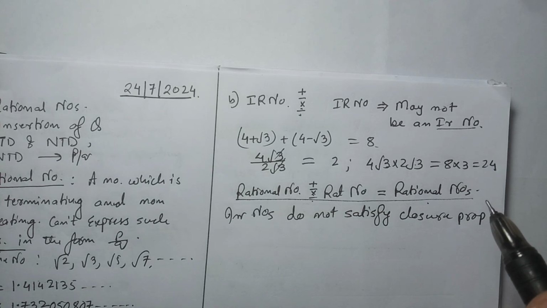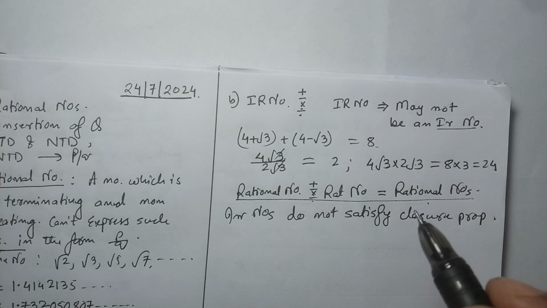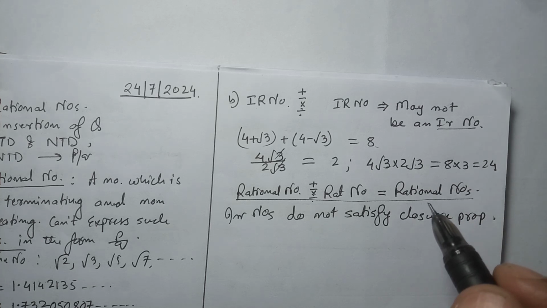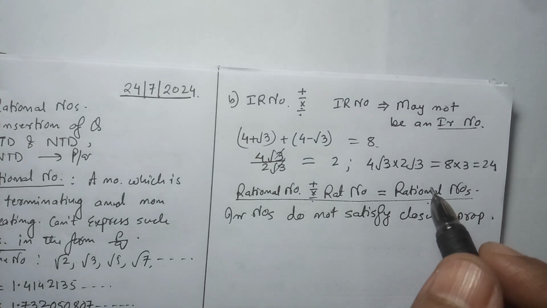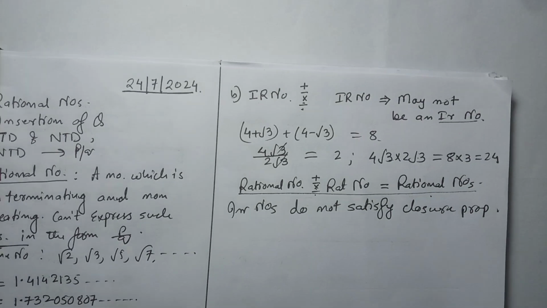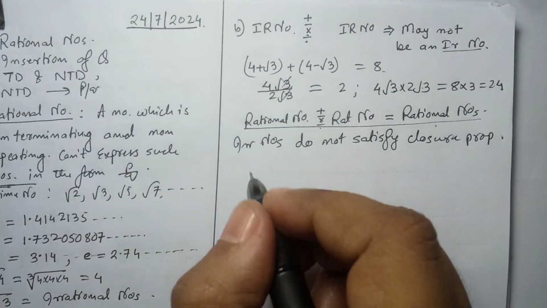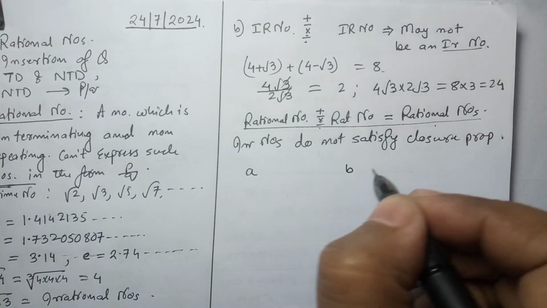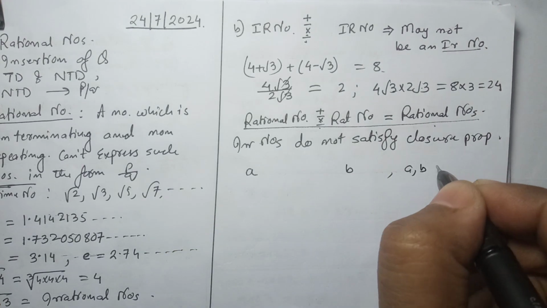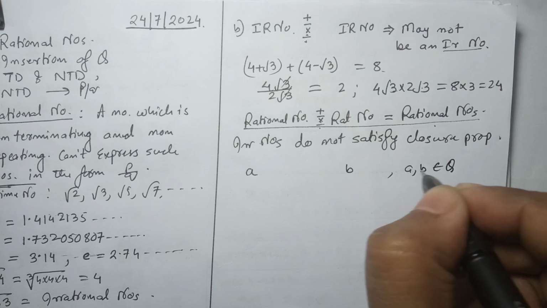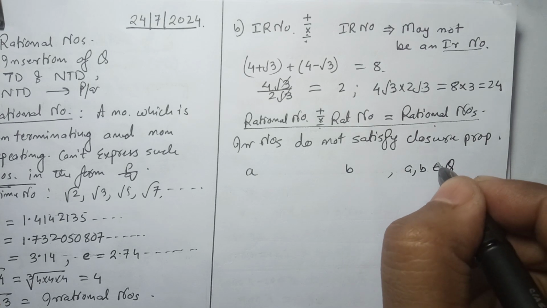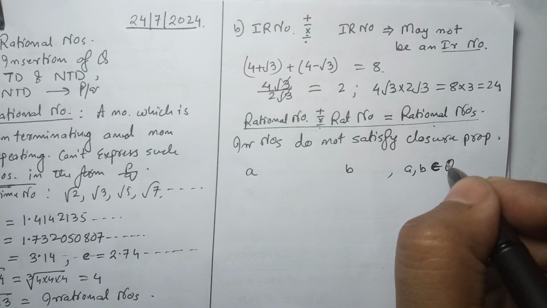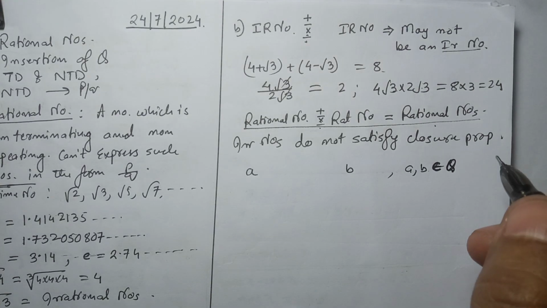Okay, fine. Now we have done the insertion of rational numbers. Now if we are asked to insert an irrational number, suppose A and B both belong to Q, meaning A and B are rational numbers.